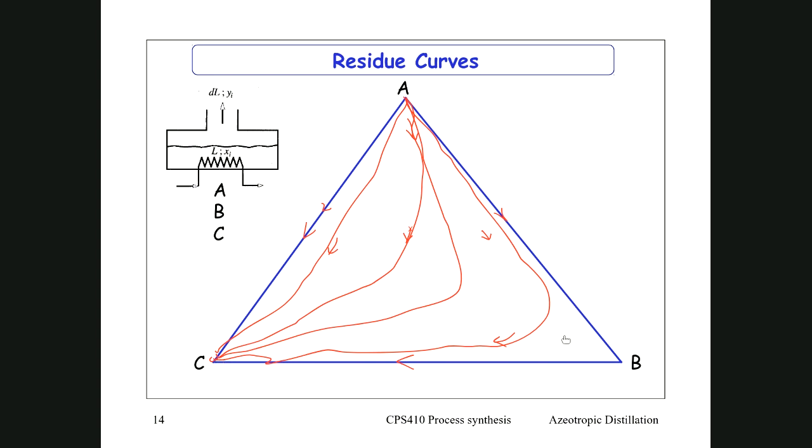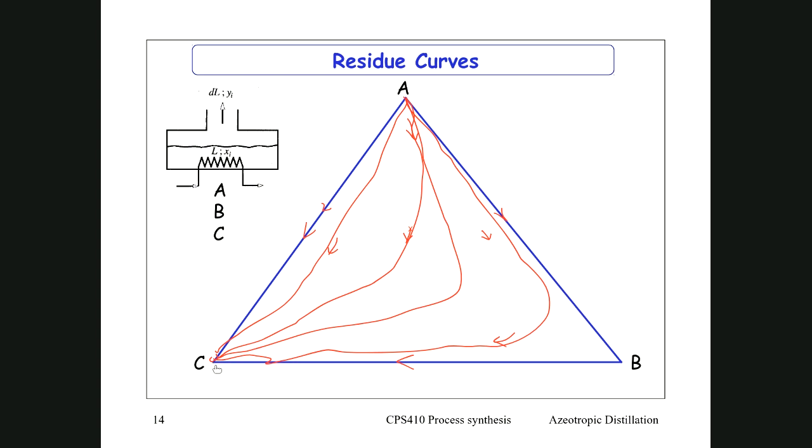And you'll see that the lines never actually reach B. And so this is called a saddle point, because it's only the lines that run along here that actually reach point B. So it's only the binary AB that will actually reach B. And then if you've got a tiny amount of A in B, eventually of C in B, when you've eventually evaporated everything, there will be an even tinier amount of C left.